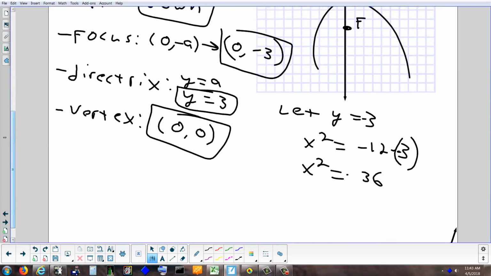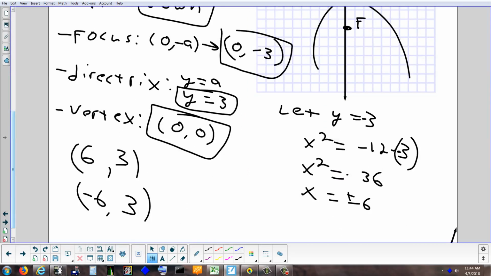So now we have 12 times -3, gives me 36. And what's the square root of 36? 6 and -6. So we get 2 coordinates out of that. When y is -3, you get 2 answers for x. Positive 6, negative 6. Now graph those 2 points.